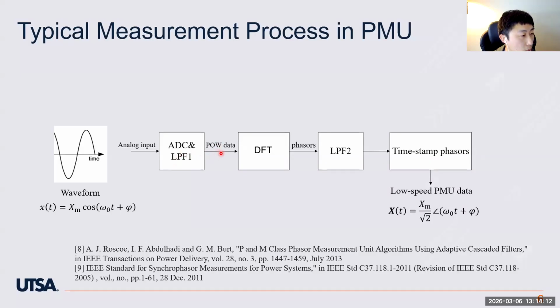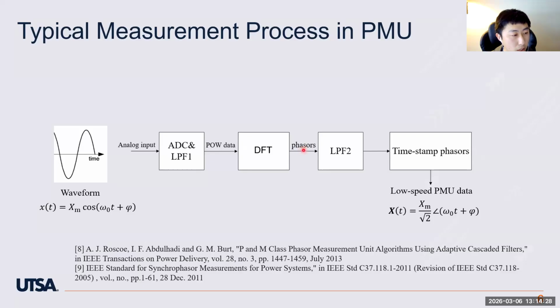And then we get the point-on-wave data. Those are waveforms, like sinusoids. Then we apply the DFT, the discrete Fourier transform, to convert that point-on-wave data into phasors.